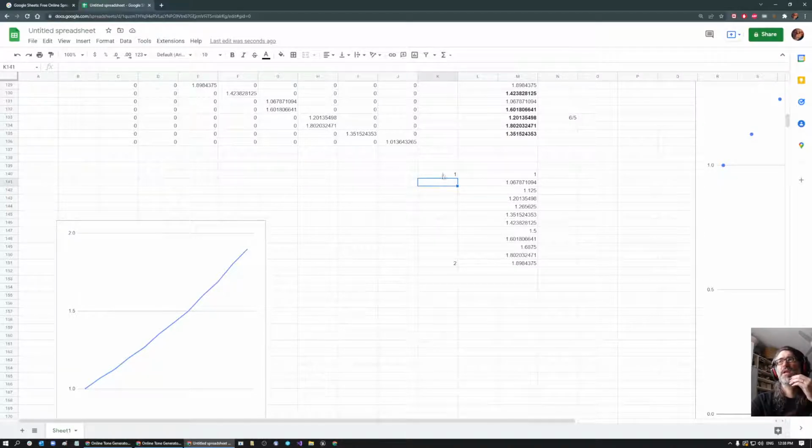So we want to multiply 1 by some number to get this number, and we want to multiply by the same number to get here. So what we want to do is multiply some number, my mystery number, if I multiply it by itself 12 times, I want to get to 2.